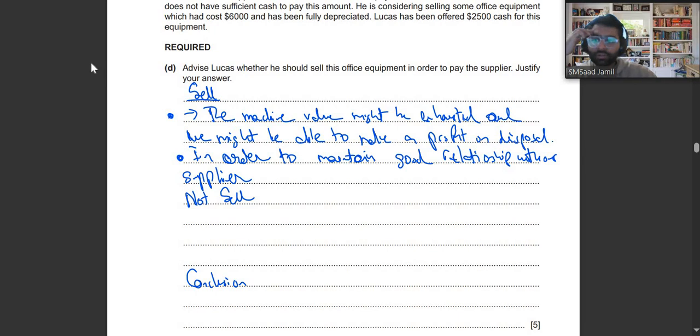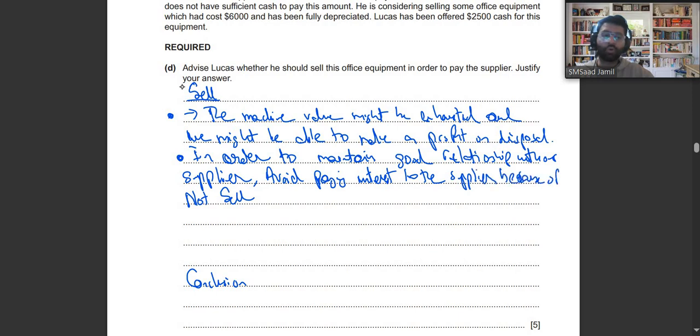And then another reason that you guys can mention is to avoid paying interest to the supplier because of overdue payment. So let me write over here overdue payment.